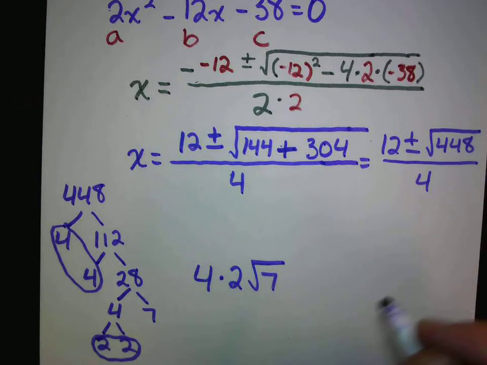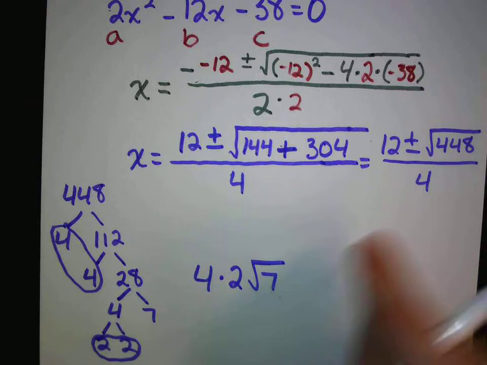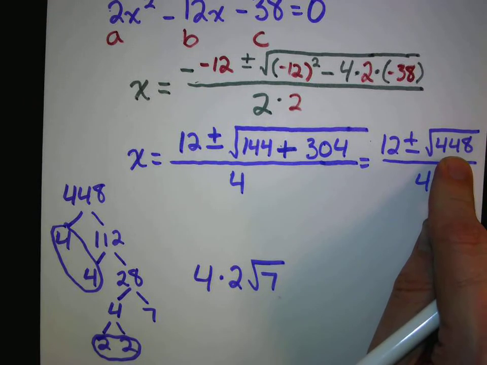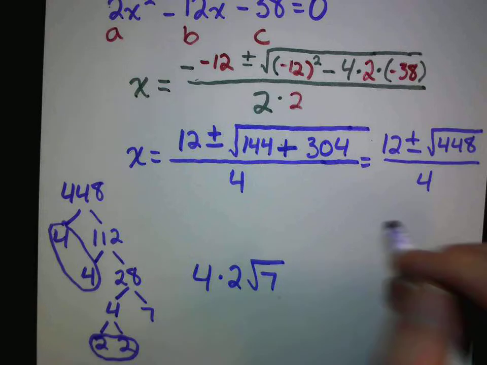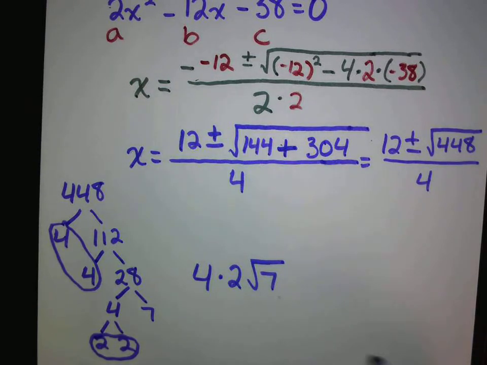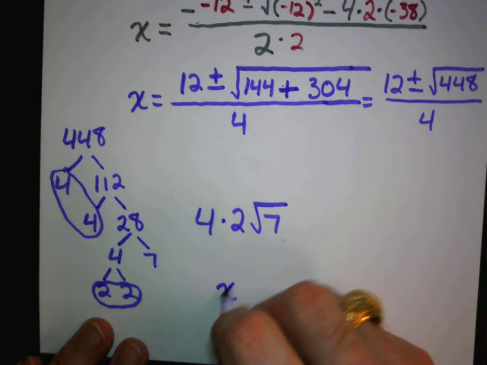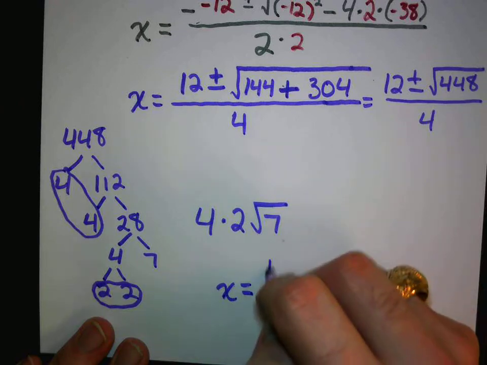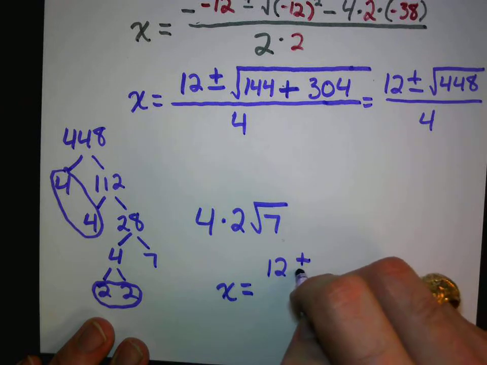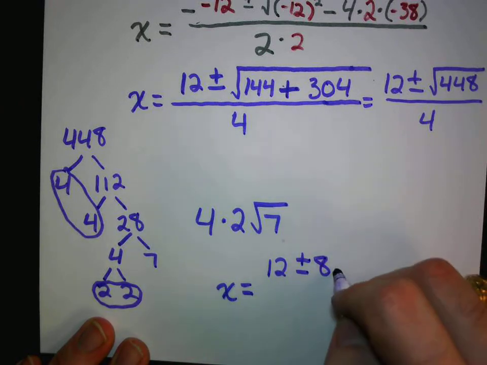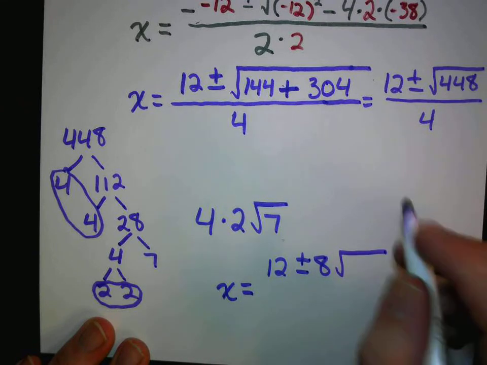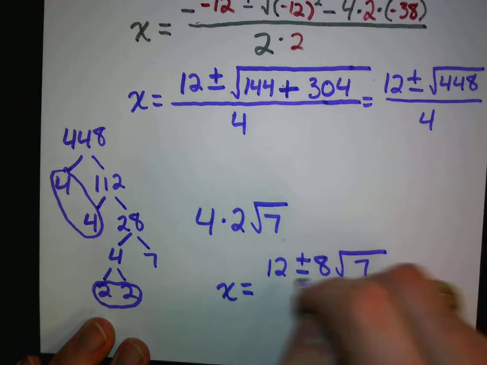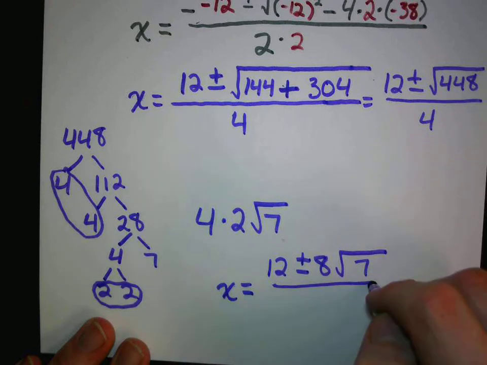So I can put 8 times the square root of 7 back up here where I had the square root of 448. And I will get then that x equals 12 plus or minus 8 times the square root of 7 over 4.